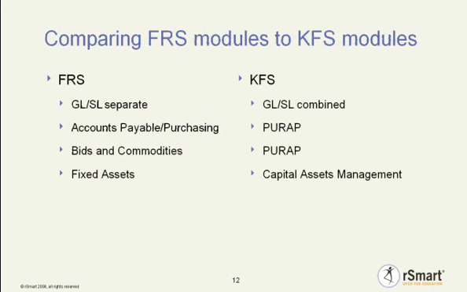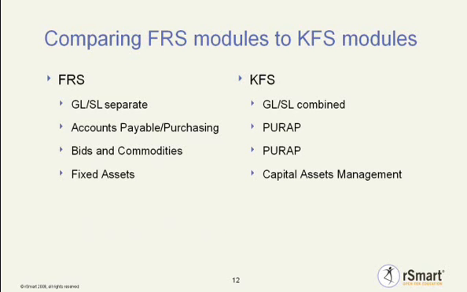If you compare FRS to KFS, there are going to be a lot of similarities. A few differences. The general ledger and the subsidiary ledger, as you know, are separate in FRS. In KFS, they're combined. So instead of two accounts, you'll have one account.